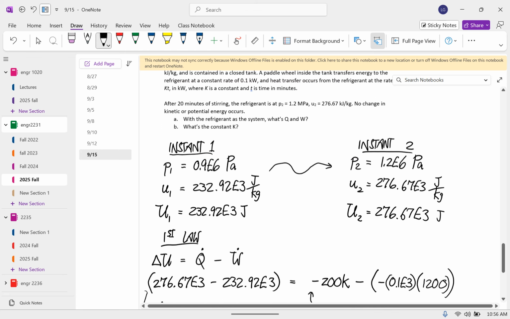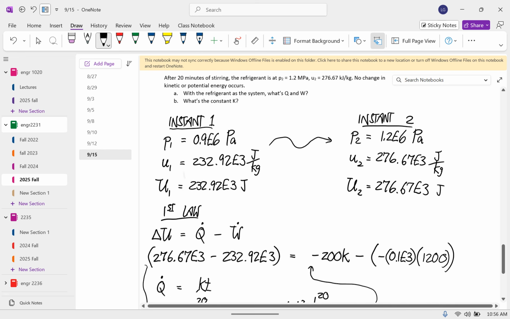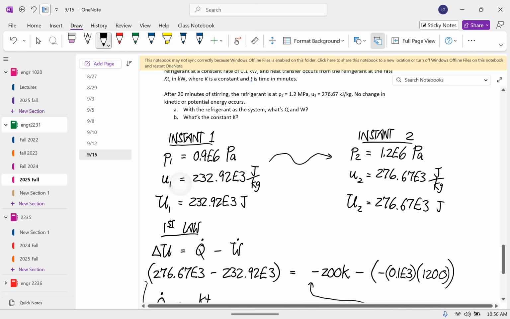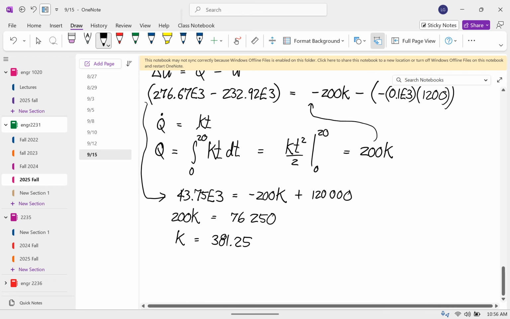So we calculated that constant K. And then you can go back and calculate part A.